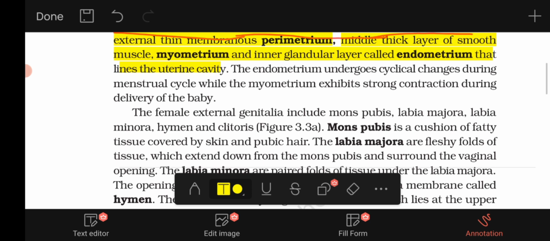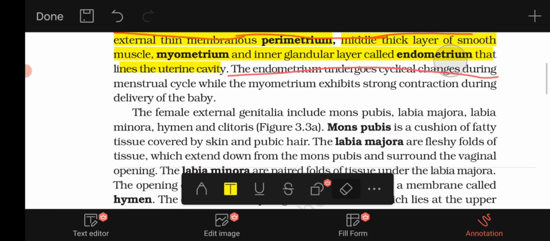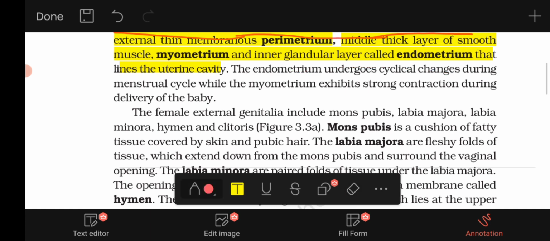The endometrium undergoes cyclical changes during the menstrual cycle, while the myometrium exhibits strong contraction during the delivery of the baby, also called parturition.